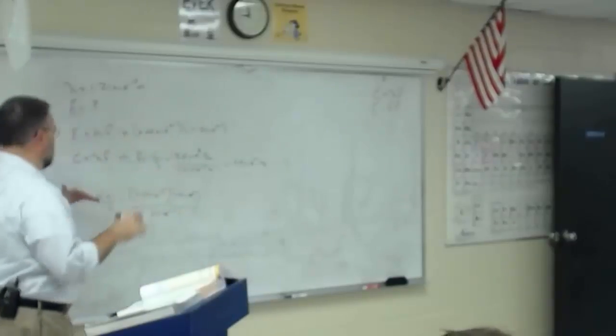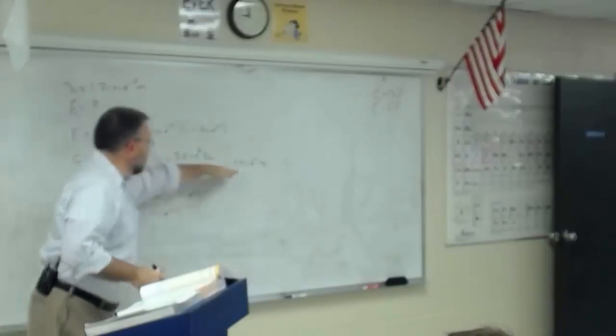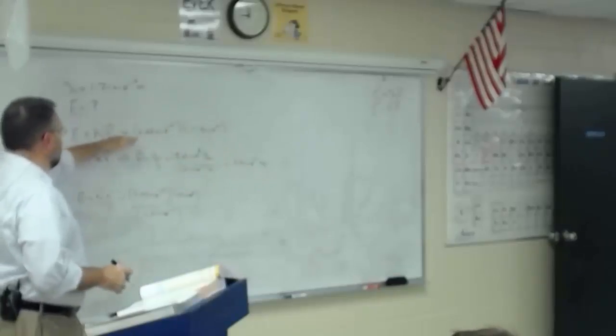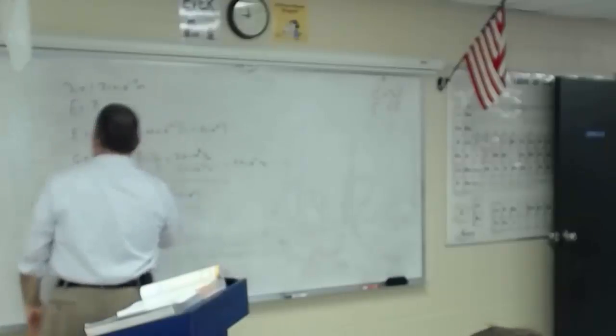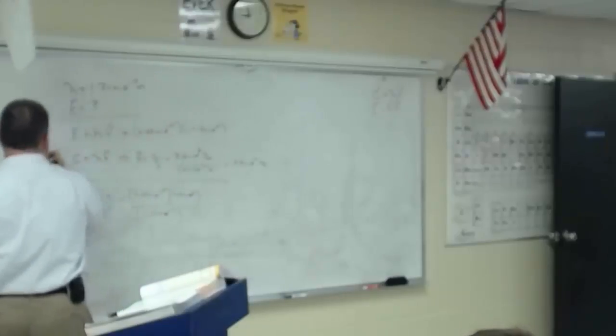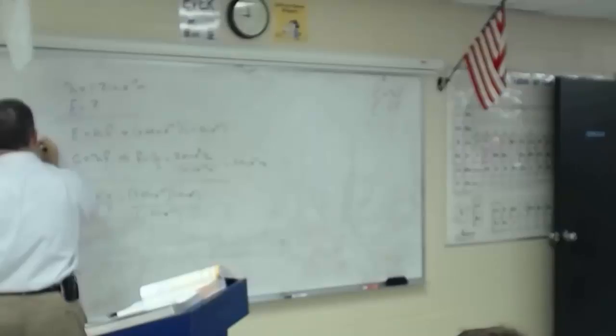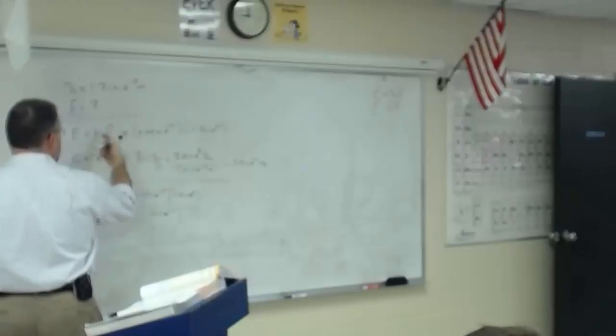So one method would be solve for frequency, plug frequency in here, and solve for energy. The other way is kind of like a consolidated method. This is probably the first way I'd recommend you do it. Solve for f and then plug f into that formula.